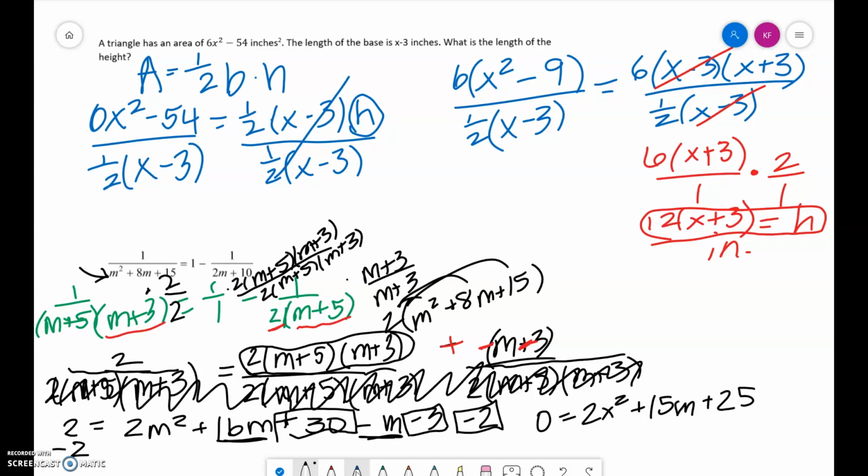Okay, so we are almost done with this problem. Now we just need to factor this quadratic and solve for m or x. At some point, I switched my variable there.